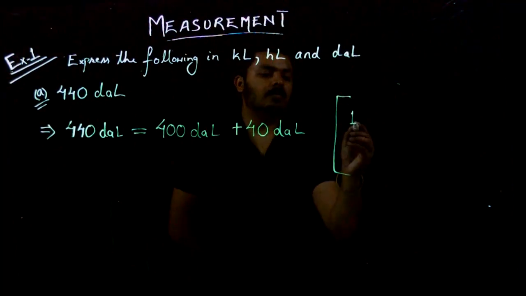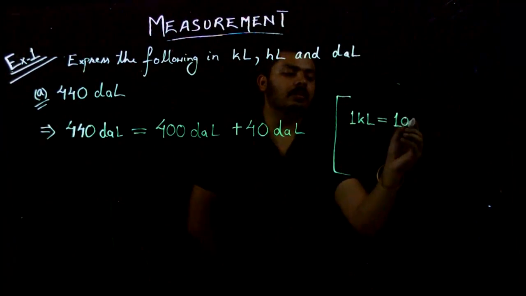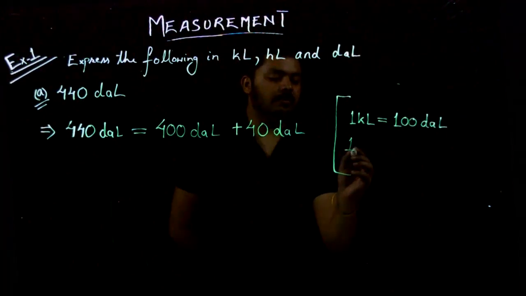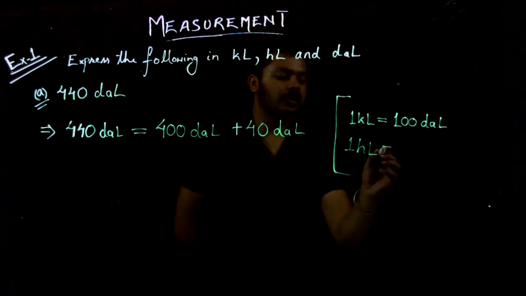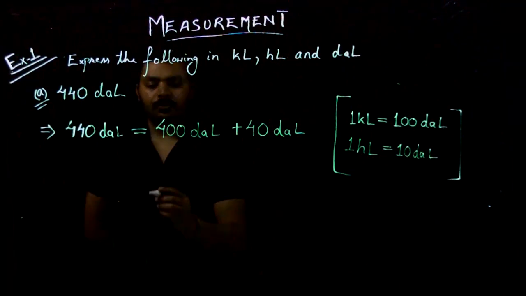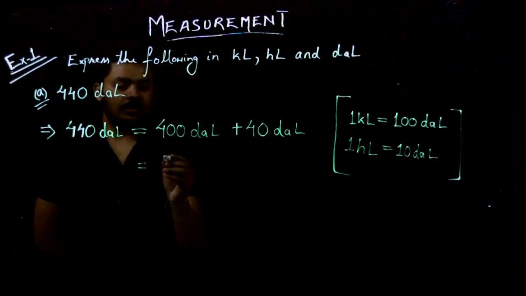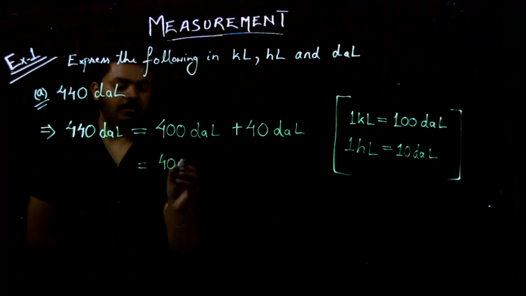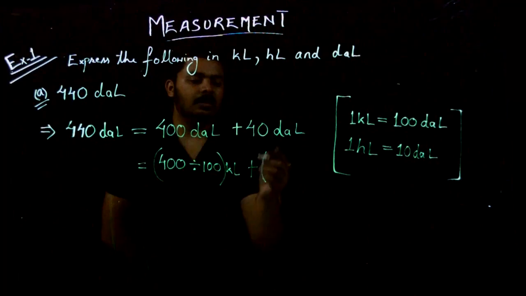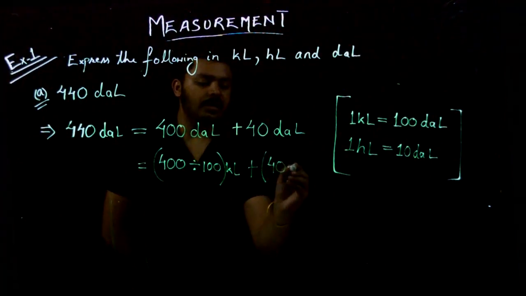We know that 1 kiloliter is equal to 100 decaliters and 1 hectoliter is equal to 10 decaliters. So therefore, to convert decaliters into kiloliters, we divide by 100, plus, now to convert 40 decaliters into hectoliters, we divide it by 10.